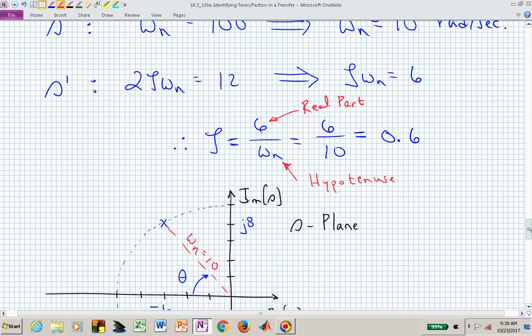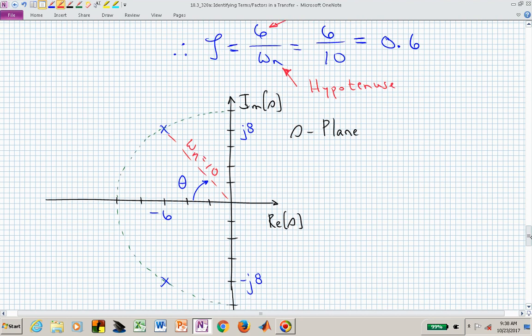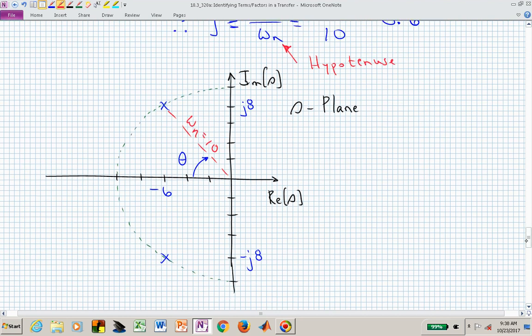And if we plot that, this is now what we see. In the complex s-plane, the horizontal axis is the real component of s. The imaginary axis is the vertical component. We can now put our poles for this quadratic factor, locating those at -6 plus j8 and -6 minus j8.